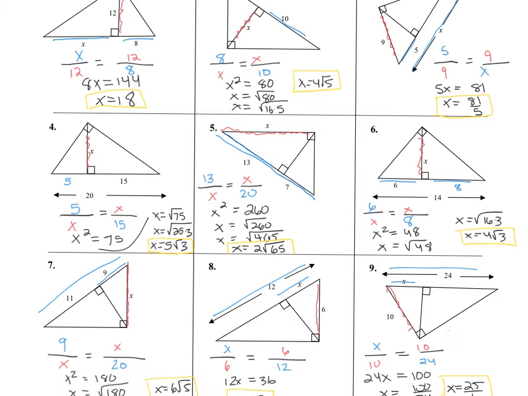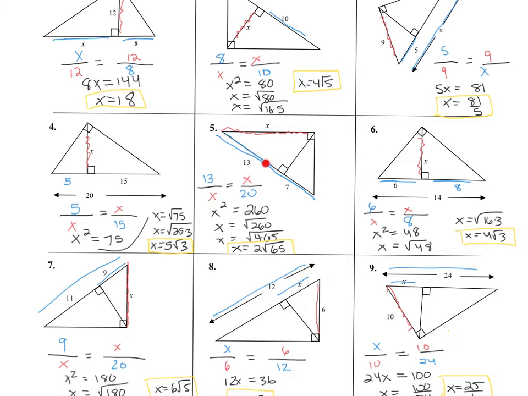Looking at number 5, number 5 is a leg problem, and so there is our mean in red. And then if it's a leg problem, remember that it is this part to this whole thing. So if I was given that this was 13, that goes there.